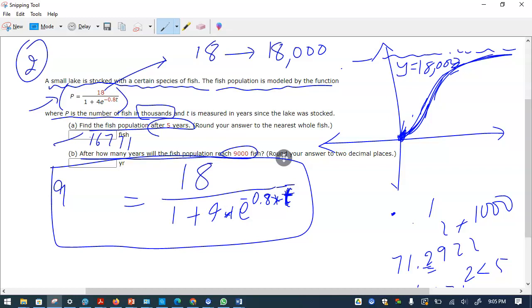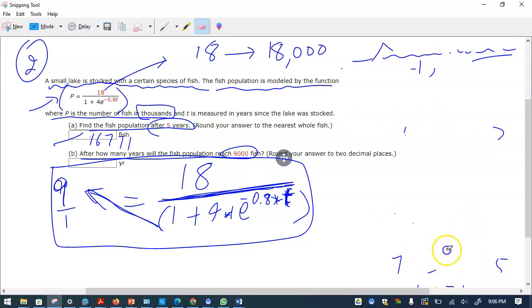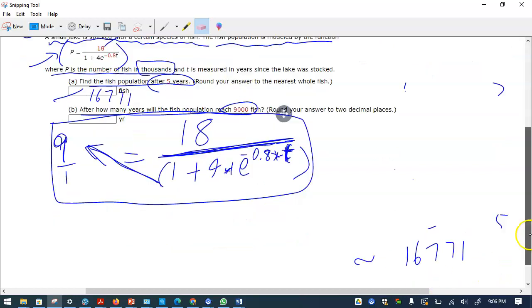Now, how do we do this? This is the denominator. You can use the cross product. This multiplies here, or you can also make this 9. The whole parenthesis on the right side will get multiplied with 9.